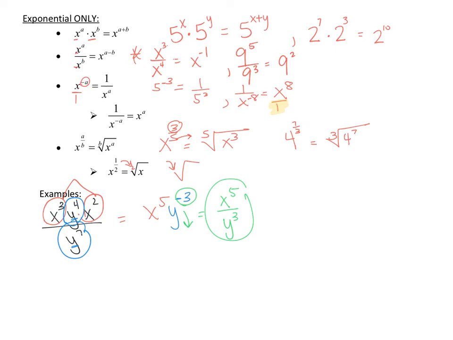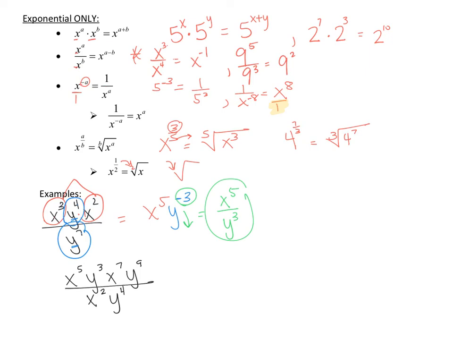So let's say we've got x to the fifth, y cubed, x seventh, y ninth, divided by x squared, y to the fourth.